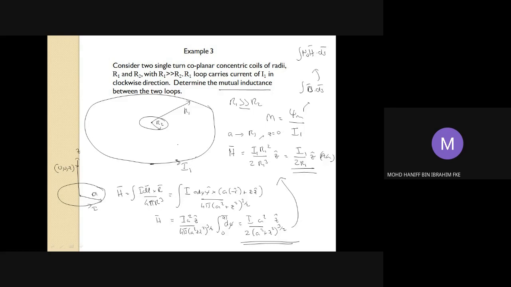So we can say that this H field is the magnetic field that will be experienced by the loop of R2 radius. Based on this idea, we can use the H field here to calculate the total flux that is trapped in the radius of R2.